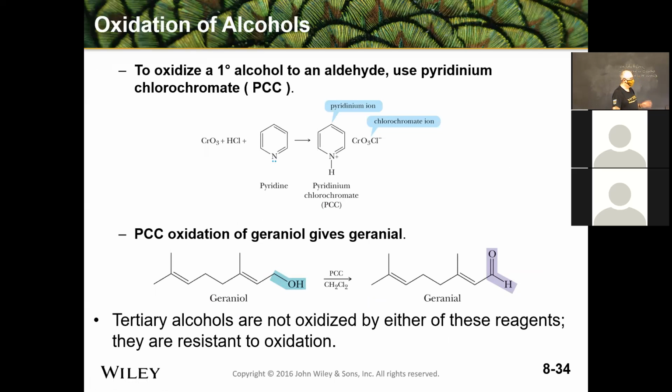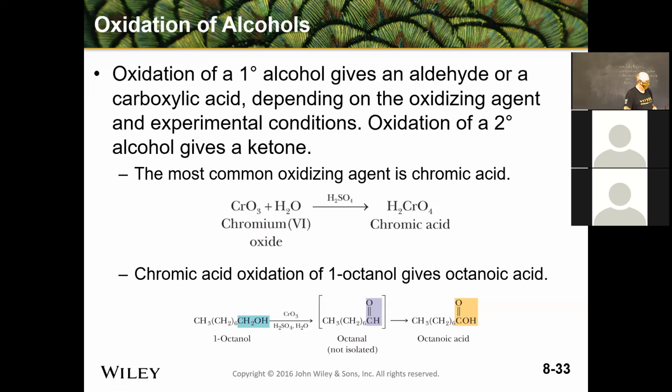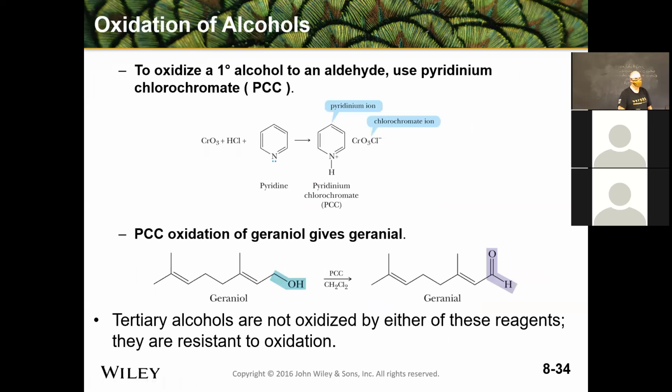The main message of this slide, compared to this, is that if we use chromic acid and a primary alcohol, we usually can't stop at the aldehyde. It goes all the way to the carboxylic acid. If we want it to stop at the aldehyde, there's a reagent we could use called pyridinium chlorochromate, or PCC.